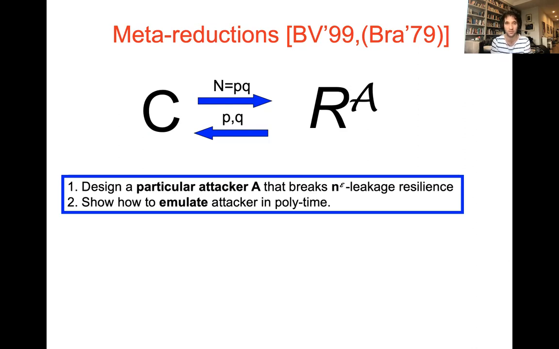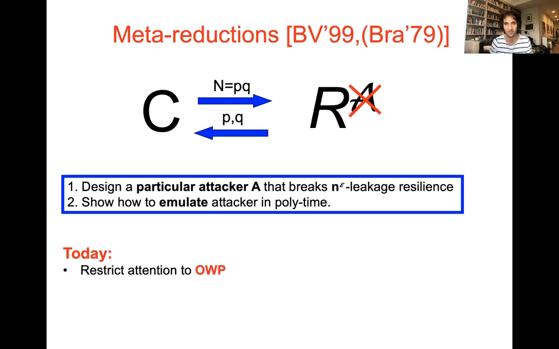In our context, we're going to consider some attacker A that's going to be breaking leakage resilience of some purported leakage resilient one-way function. And next, we'll show some method for efficiently emulating this attacker in polynomial time. So we're getting rid of this inefficient attacker. And what that shows is that any such black box reduction can therefore be used to break C in polynomial time, because this inefficient attacker is not really needed.